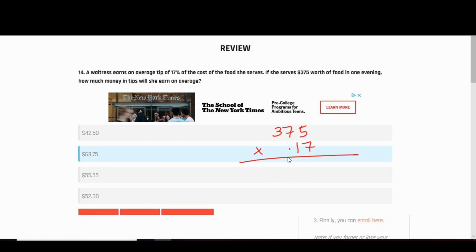Again, she makes approximately 17% of the value of food she sells. So to find her tips, we're going to do 375 times 0.17. Again, we're doing multiplication with decimals, so we're going to move this decimal over 2 times and add those decimals back in at the end. So this is going to be 375 times 17, albeit with 2 decimals to add back in at the end.